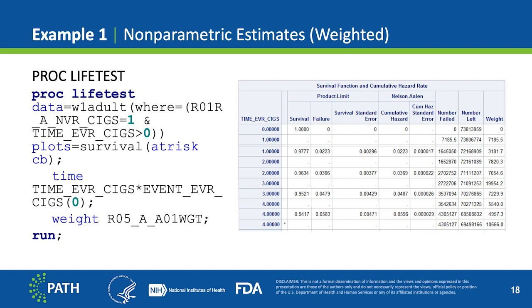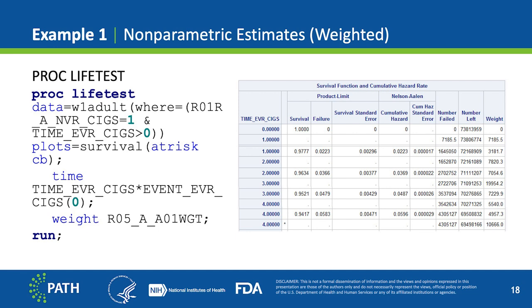What you need to do is add the sampling weight variables to the weight statement. The outputted survival rate and cumulative hazard estimates shown in the table here are identical with what we've just seen in the previous slide. However, when you only enter the sampling weight and not the replicate weights, the standard errors are incorrect.